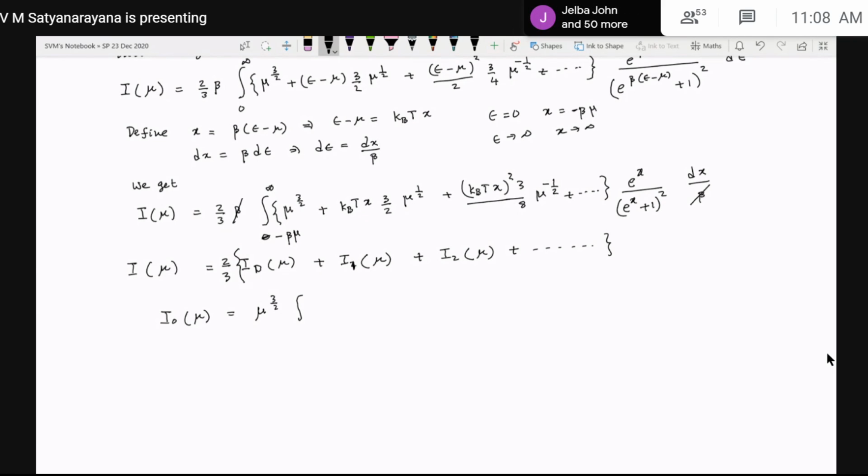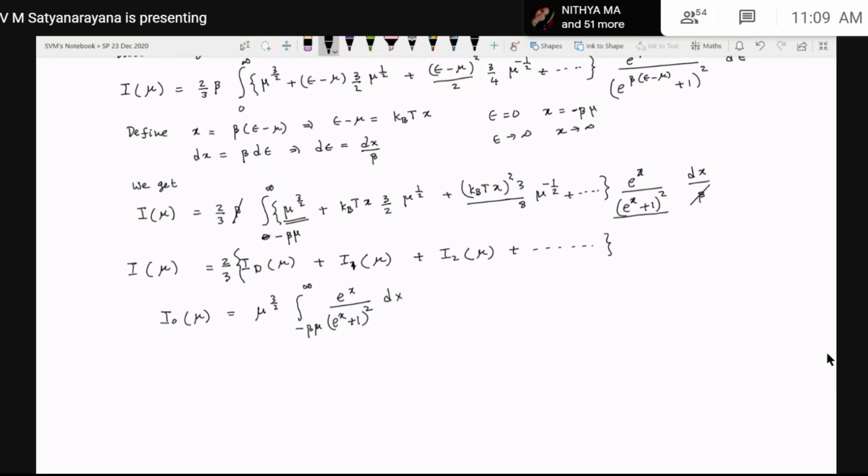So minus beta mu to infinity, that is what this is. So minus beta mu to infinity e to the x by e to the x plus 1 the whole square and dx. That is this term. That is the first term here and then this term. That is our I0 of mu.